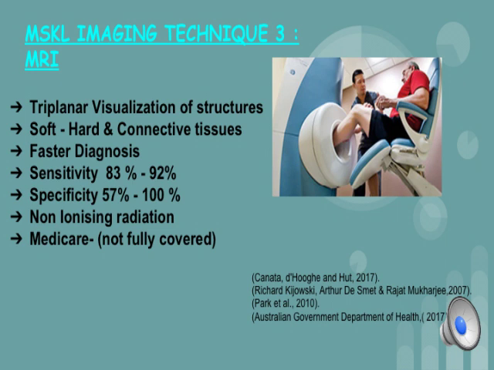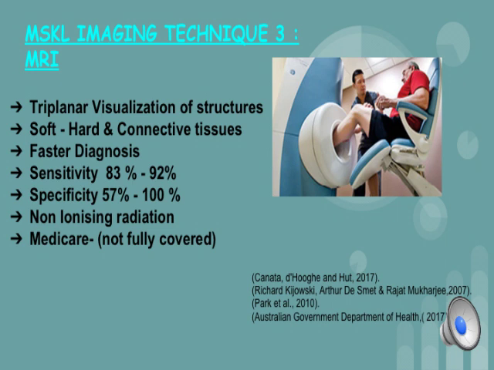When it comes to sensitivity, MRI has become the imaging modality of choice, as its sensitivity supports the discovery of soft tissue and osseous abnormalities. Two studies concluded that MRI has high sensitivity, from 83.9% to 92%, when evaluating peroneal tendinopathy, and in patients with lateral ankle sprain it ranged from 57% to 100%.